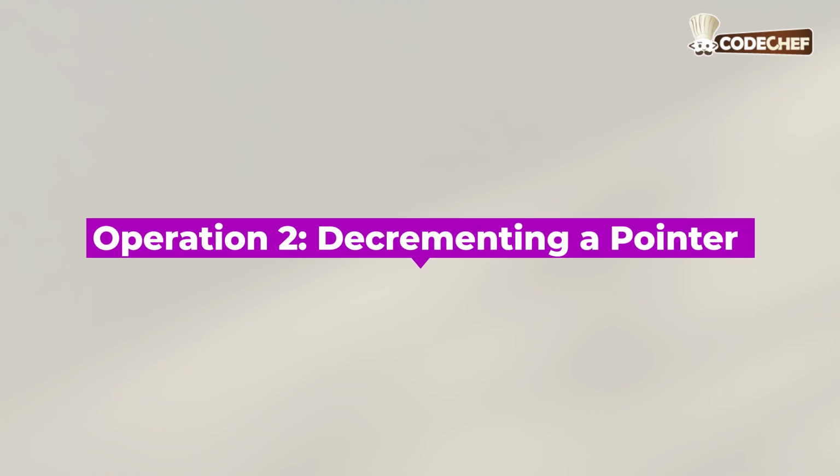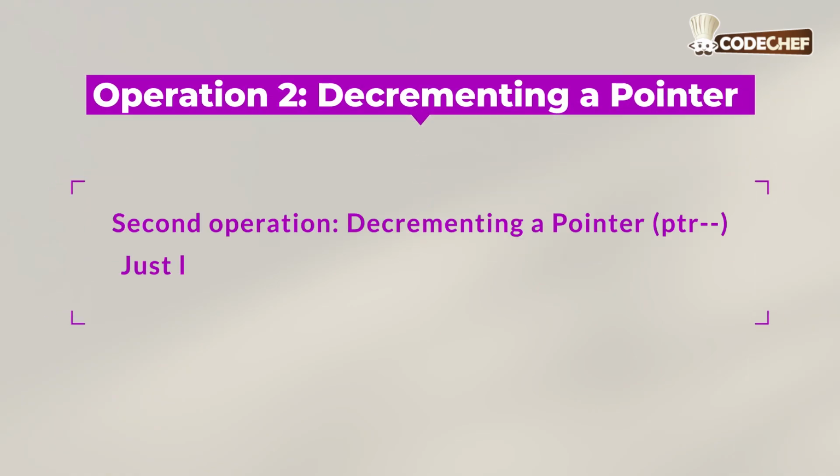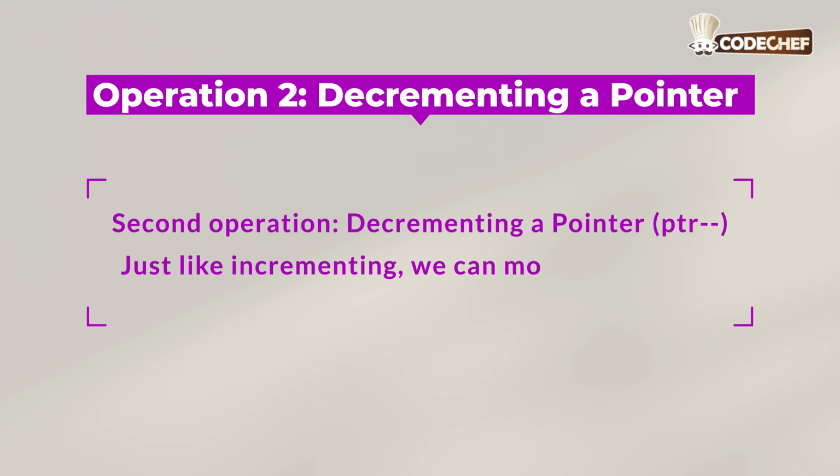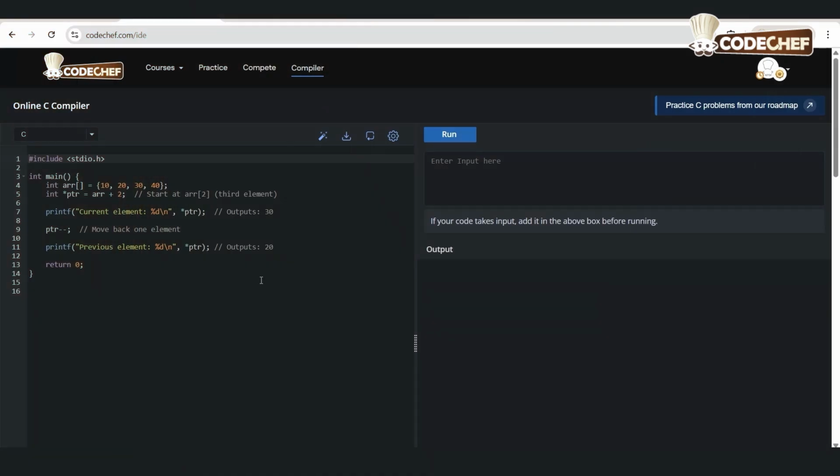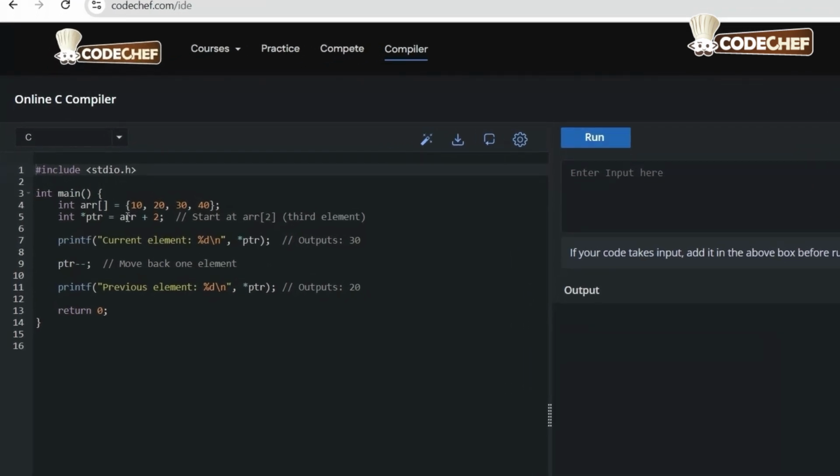Operation 2. Decrementing a pointer. Just like incrementing, we can also move backwards. Here is an example. In this line, we can see array plus 2 means start at the third element, which is index 2, which is 30.